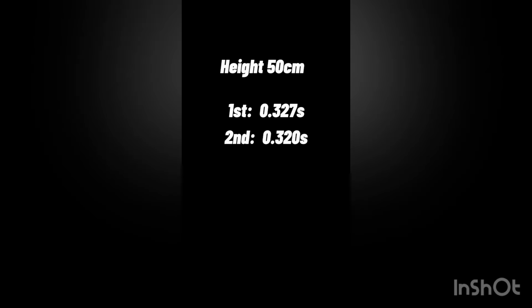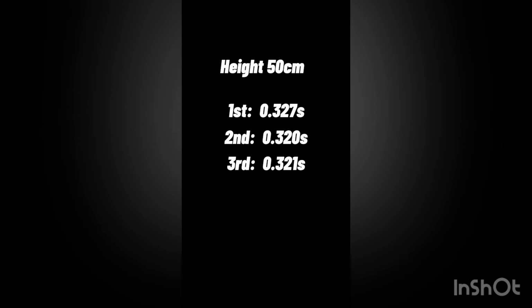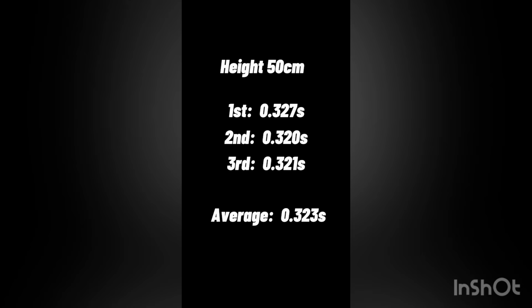So for 50 cm height, first drop I got 0.327 seconds, second drop I got 0.320 seconds, and third drop I got 0.321 seconds. Calculate the average of these three readings and I got 0.323 seconds. So this is our reading for 50 centimeter height.